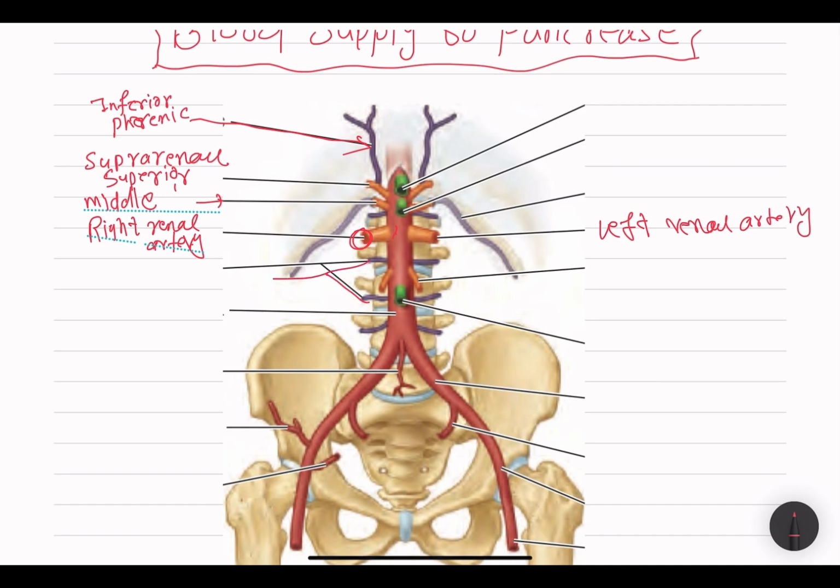This one will be our lumbar artery, and until here, all of this is called the abdominal aorta. This one is very important.